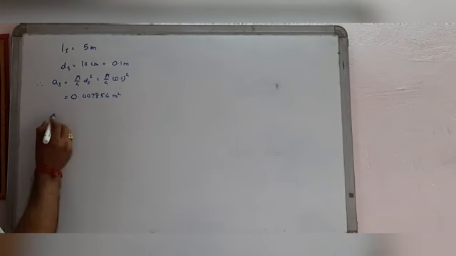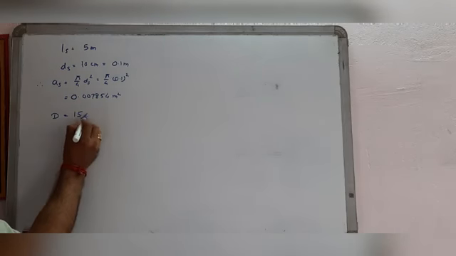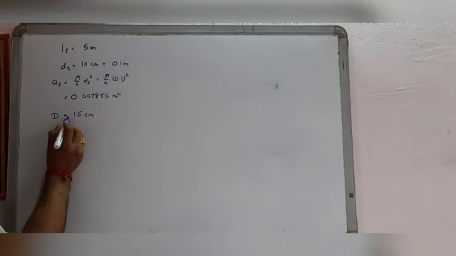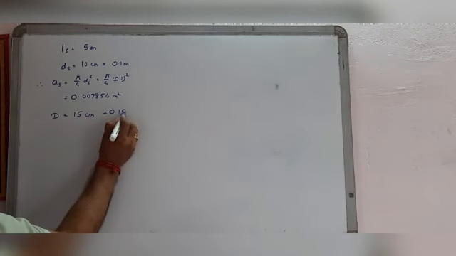Diameter of plunger is given 15 centimeter equal to 0.15 meter.